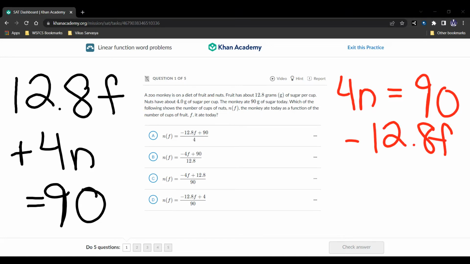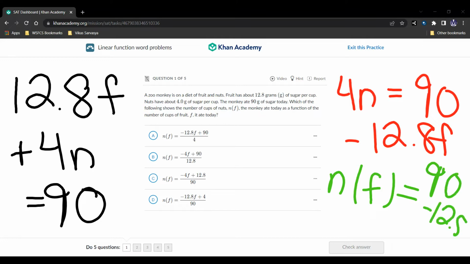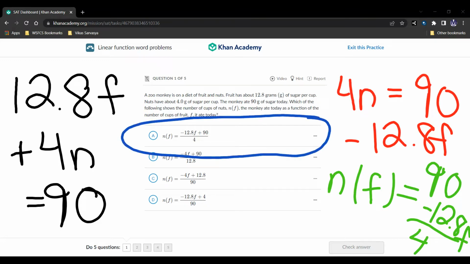And then we divide by 4 to get N, or N of F, same thing, equals 90 minus 12.8F, all over 4. And looking at our answer choices, that seems to be this one right here. So our answer is choice A. Let's move on.